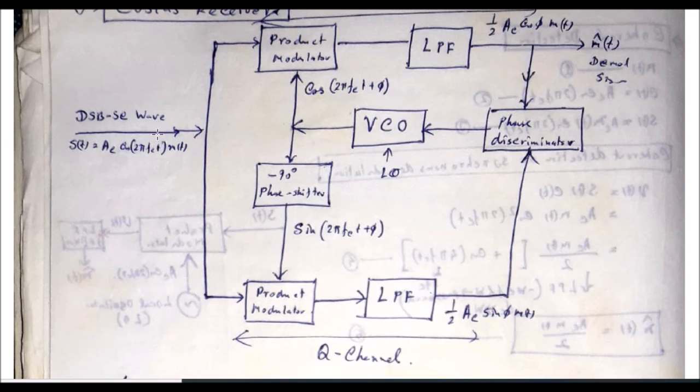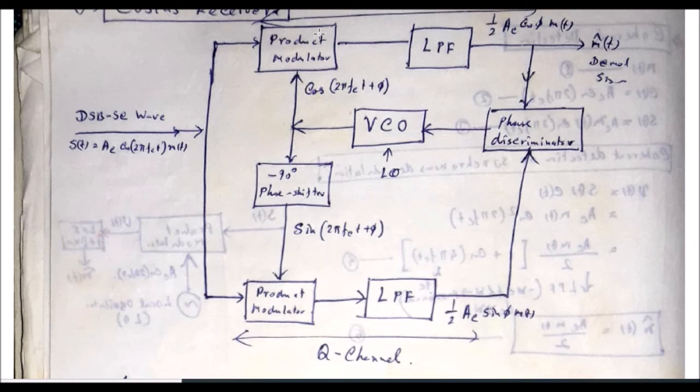Okay, so that means the increased phi due to the atmosphere or the channel media will be reflected here by means of the phase discriminator and VCO. Now the product modulators will get more phi at both the in channel side as well as the Q channel side. Again, if at some particular instant phi is decreased, then similarly through the phase discriminator V0 will be decreased, and correspondingly the phi at the output of the VCO will also be decreased.